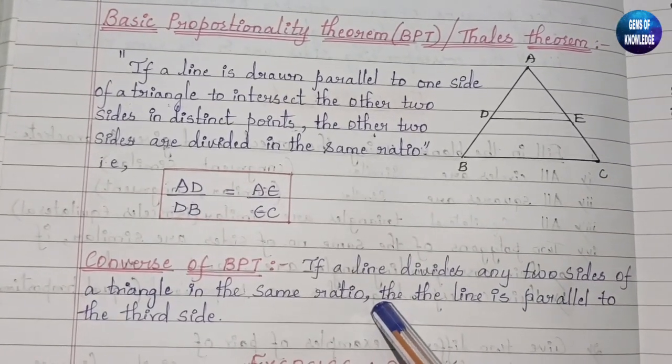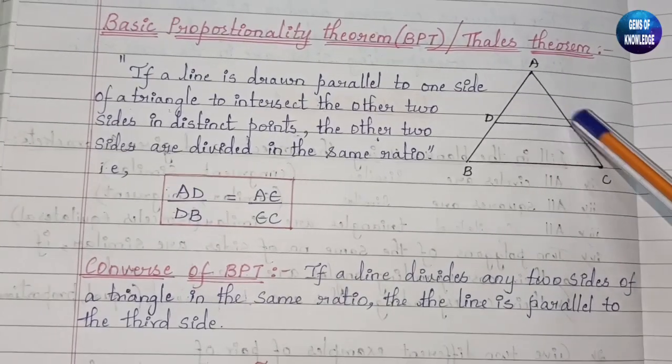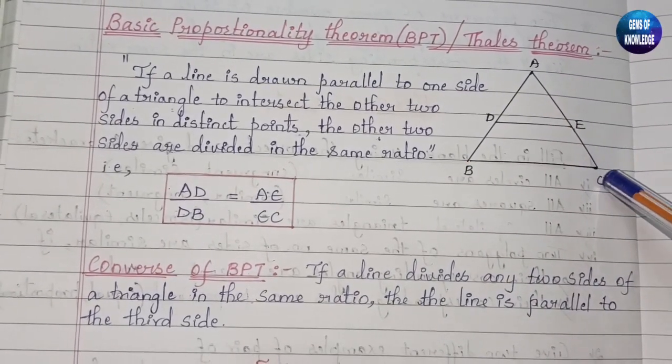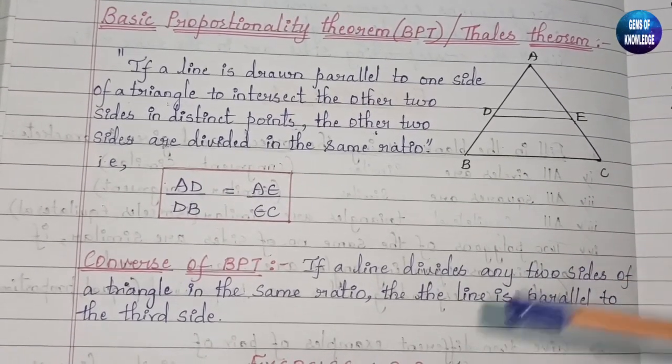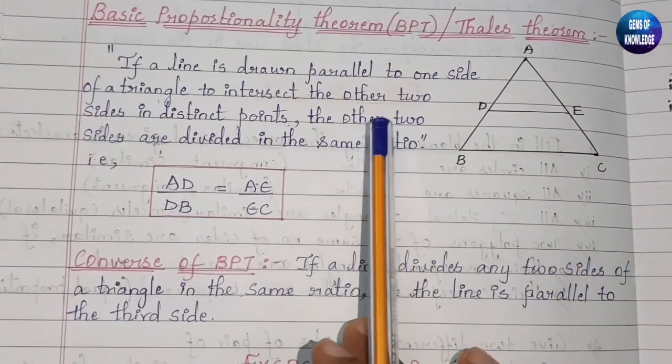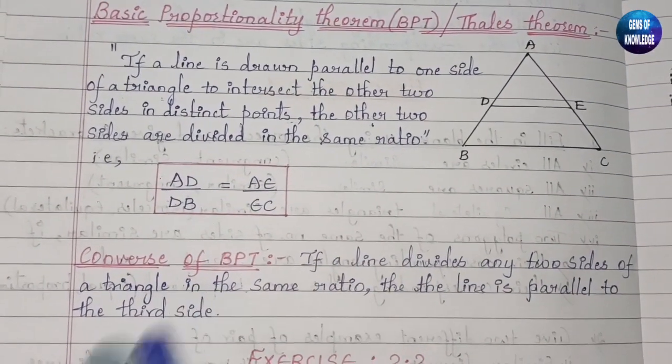But in the converse part, what are we going to take? We are going to take the ratios first. So if this line is dividing these two sides in the same ratios, then these two lines are parallel. Just the opposite part. The second part we have to keep first and the first part we have to keep at the last. This is the converse of BPT.